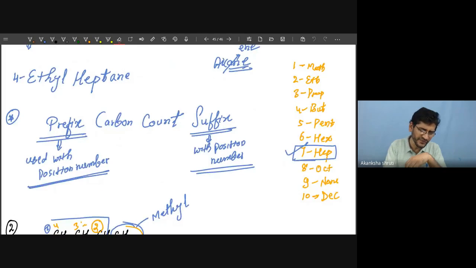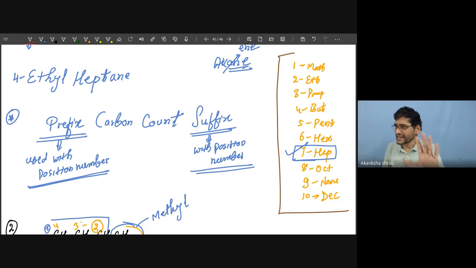Yeah, student. So this nomenclature table for counting the carbon, up to 10 is enough for you. But if there is more than 10, then there is still undecane, dodecane, tridecane, or many more countings. But those things are not required at your level. So you just keep in mind up to this much level.